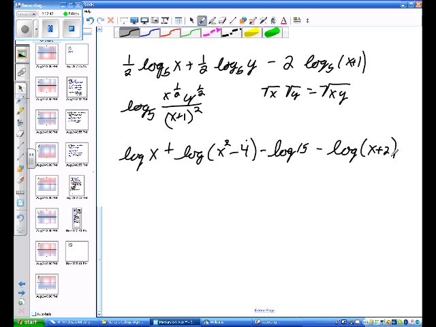As we go through this and think of our order of operations, we would do multiplication first, then division. Well, that doesn't make a lot of sense to say we're going to divide and divide.